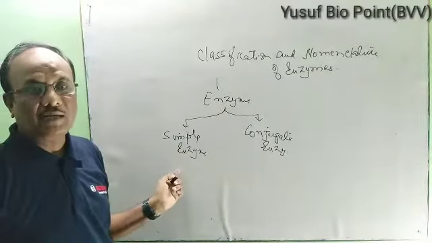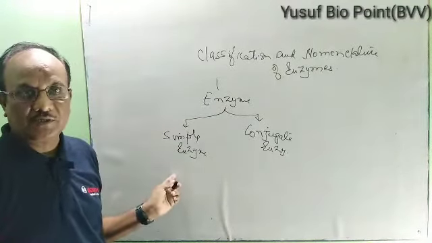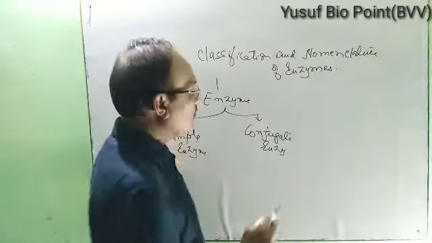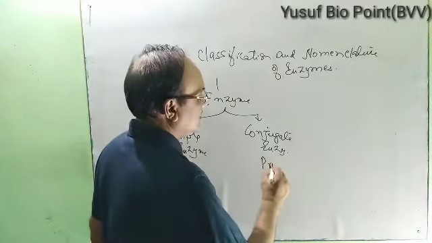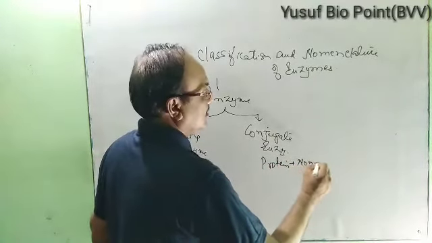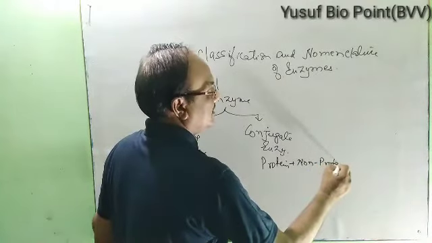In the simple enzymes, only protein part is present, which I have already told you. In the conjugate enzymes, protein plus non-protein part is found.